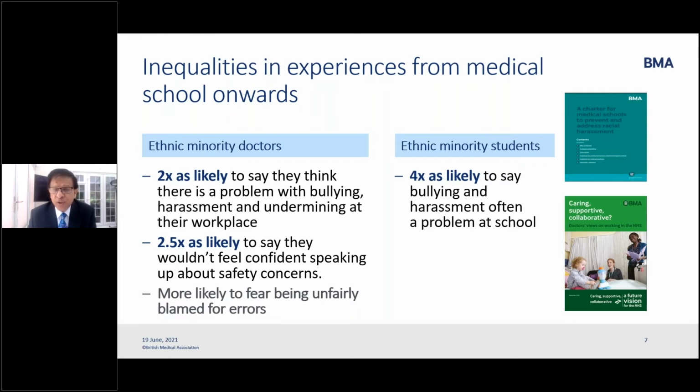So these are the sorts of changes that need to occur so that you embed that culture of equality within medical schools from the outset.